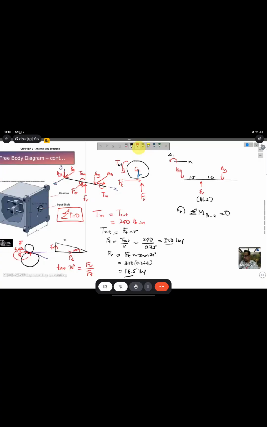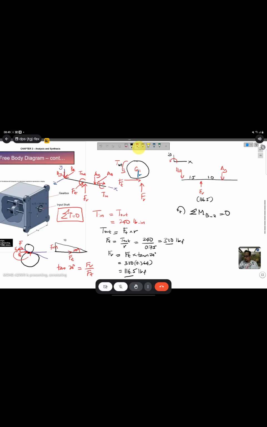You need to recheck again in the textbook. So the total moment acting on point B rotating in the Z direction will equal 0. This one will be cancelled because there is no distance here.